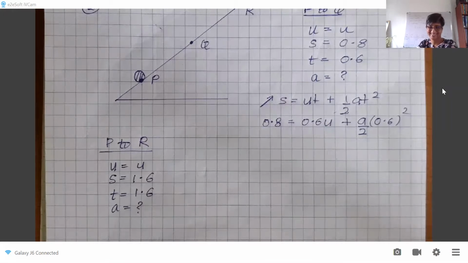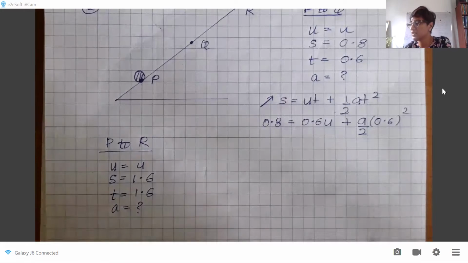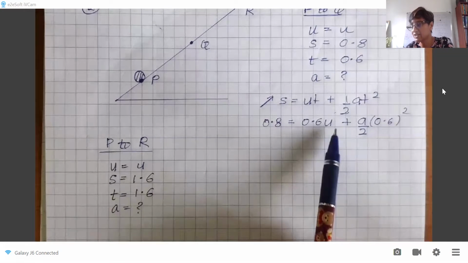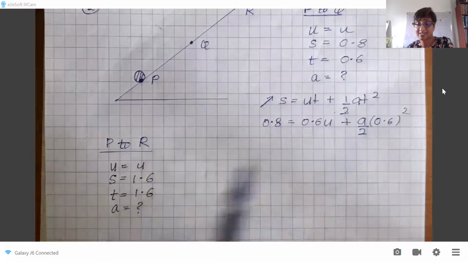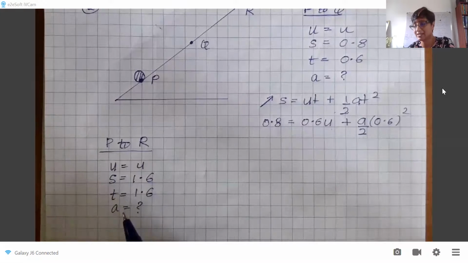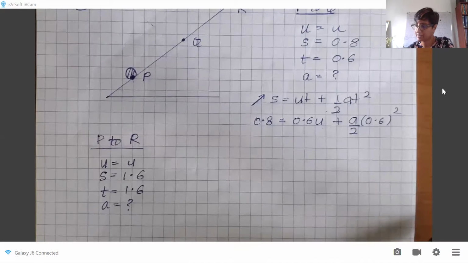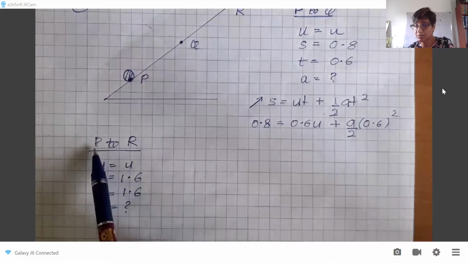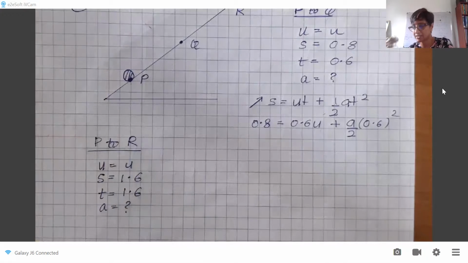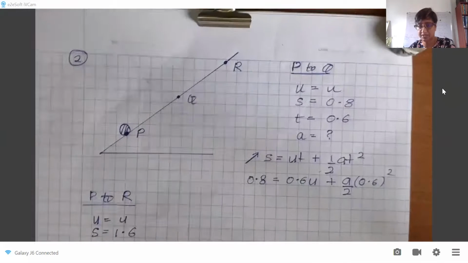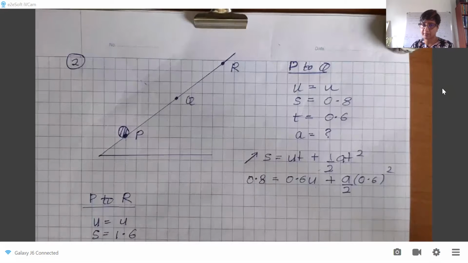Yes, Hatvi here. Right? So since we don't know U, that is why we need to look at applying an equation to another section. Is it clear why I picked P to R? Please think about it. I have altogether 3 options when you are thinking of applying equations of motion.